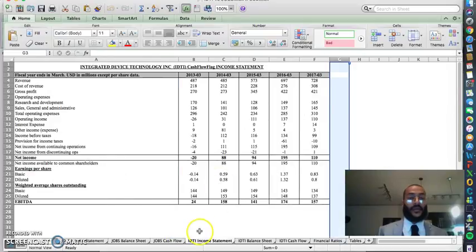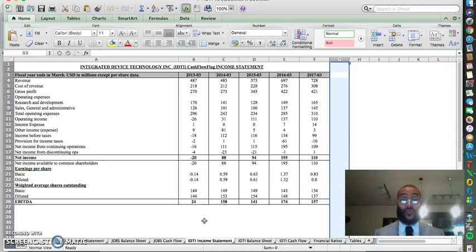Let's go to the main company, which is IDTI, income statement. It shows all the revenue, the cost of revenue, gross profit, total operation expenses, interest expenses, net income, and as we can see here, it starts at negative 20 in 2013.